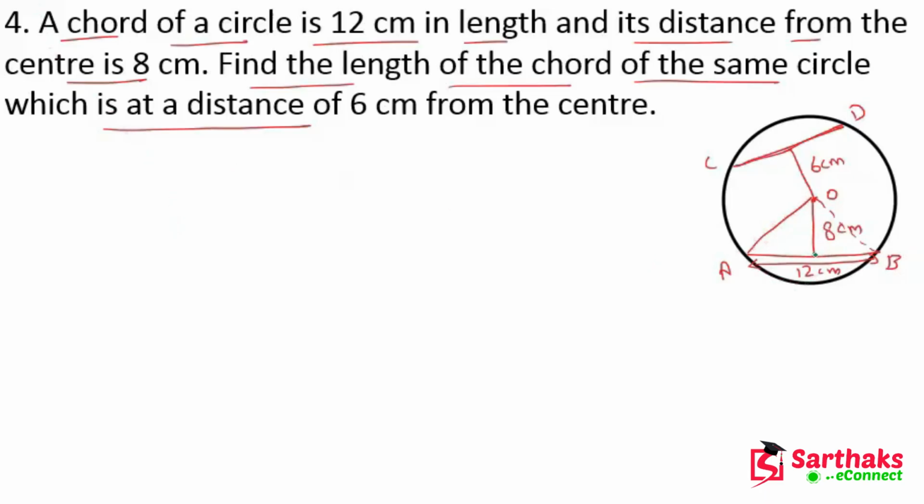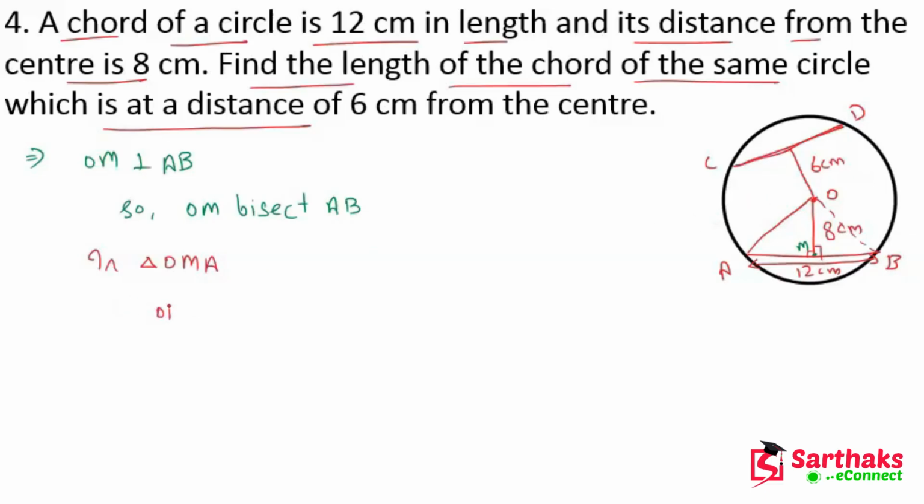Now let's suppose this point is M. We can say that OM is perpendicular to AB, so OM bisects AB, with the help of the theorem. Now in triangle OMA, we apply the Pythagoras theorem because this angle is 90 degrees, so this is a right angle triangle.